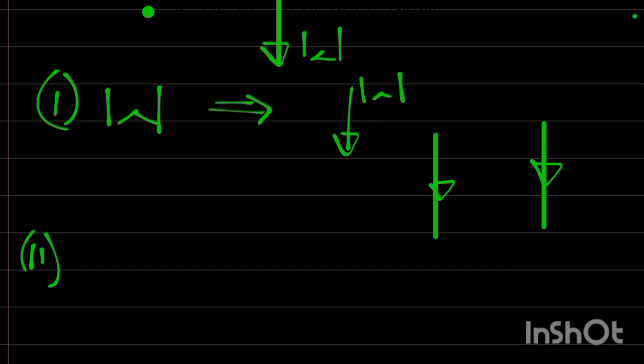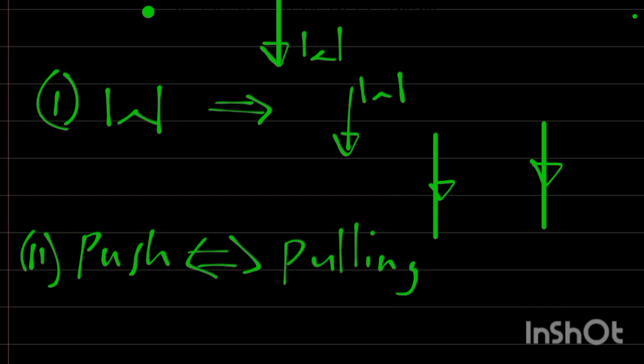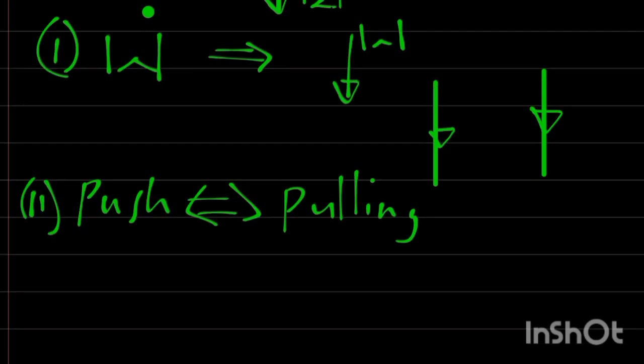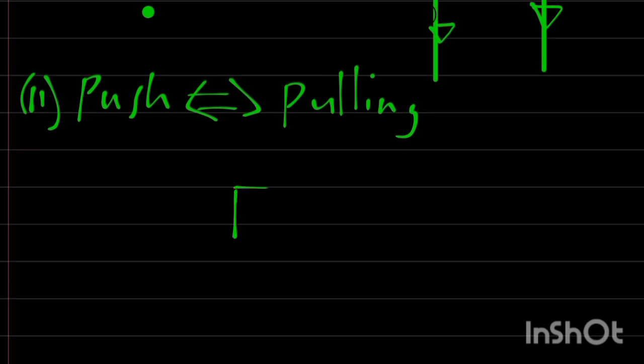Number two, take note that you can change a pushing force to a pulling force, provided the magnitude and the direction of the force does not change. A pushing force can be changed to a pulling force, and vice versa. Take for instance, we have an object that is being pulled by this force, 5 Newton.